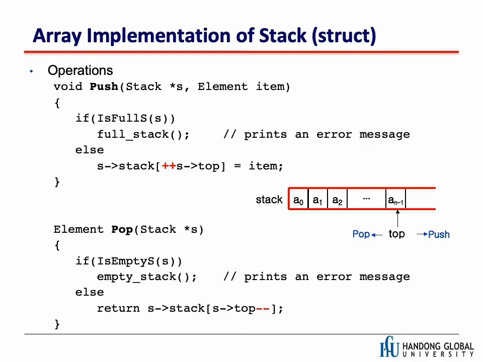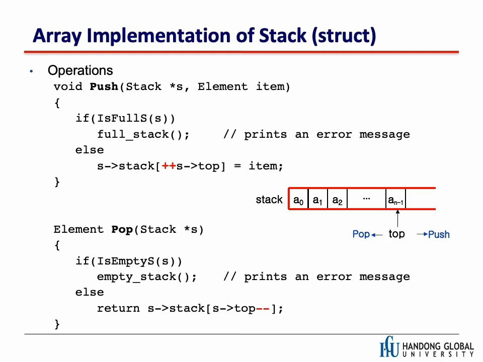Let's look at this pop function. We pass the stack structure pointer, and we check if it is empty. If it is empty, we print out an error message and quit. Otherwise, we return S stack at S top, and S top minus minus. So we read the top element first, and then we decrease the top variable.